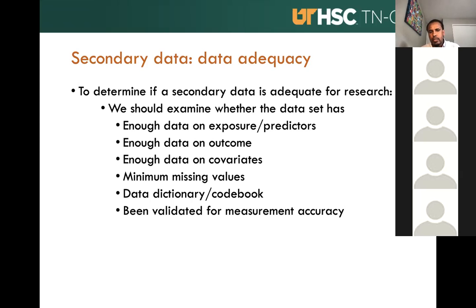The other quality metric is about missing values. If there are a lot of missing values, the quality of the data might decrease, so we have to make sure that there are minimal missing values in the secondary data source. The other is availability of a data dictionary and code book. The data dictionary defines how data are derived, what a given column refers to, and what the units are for each of the measurements.